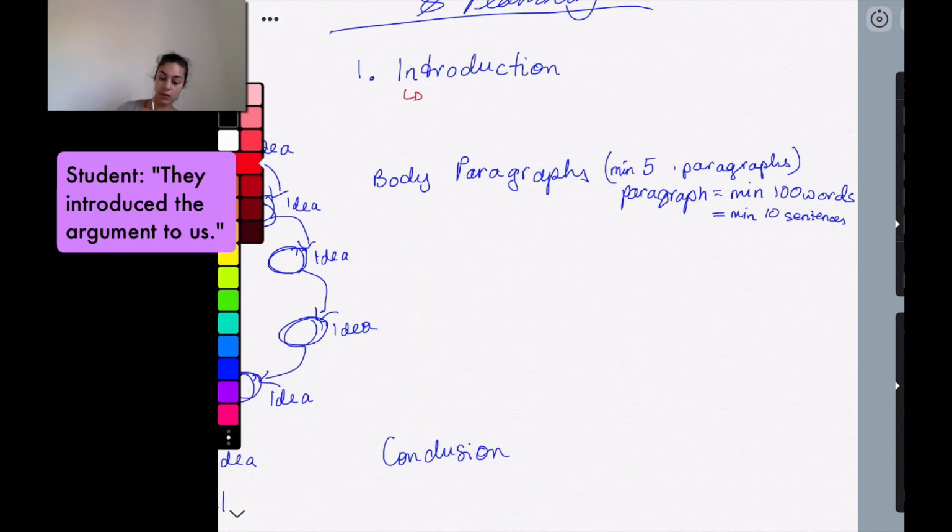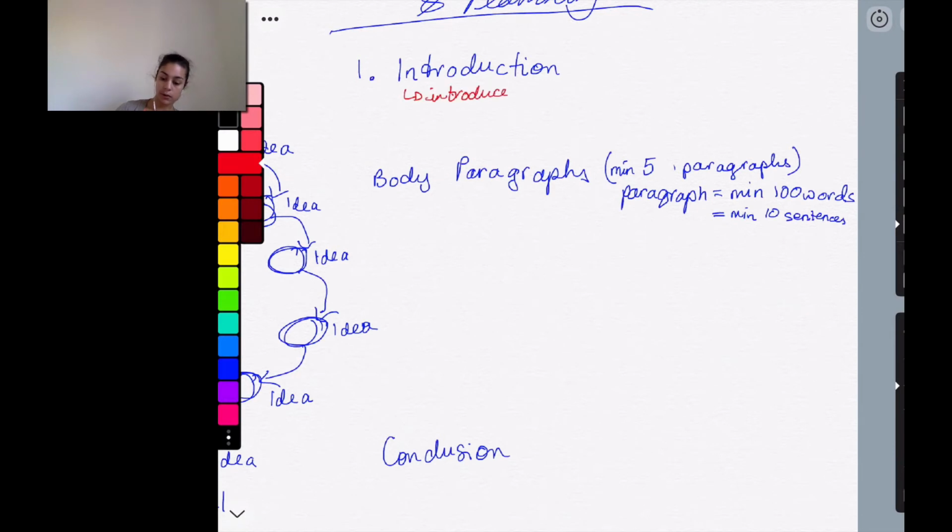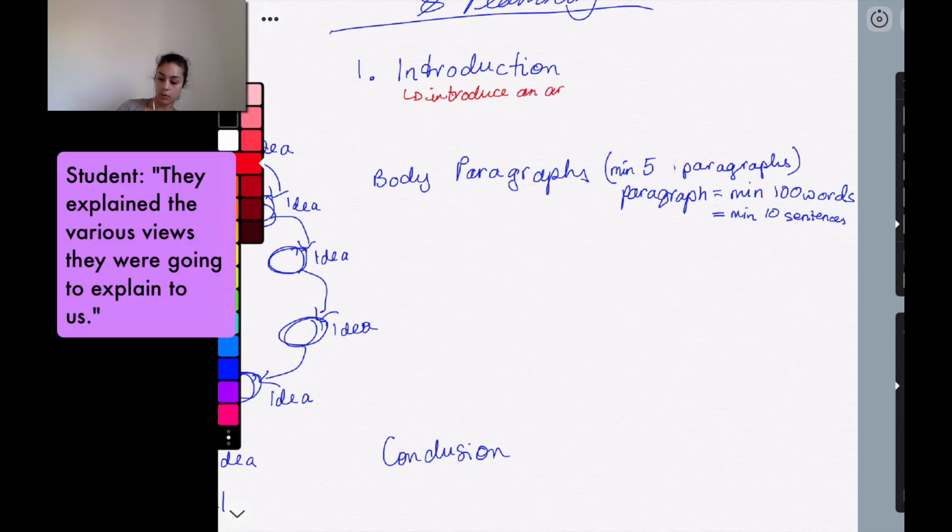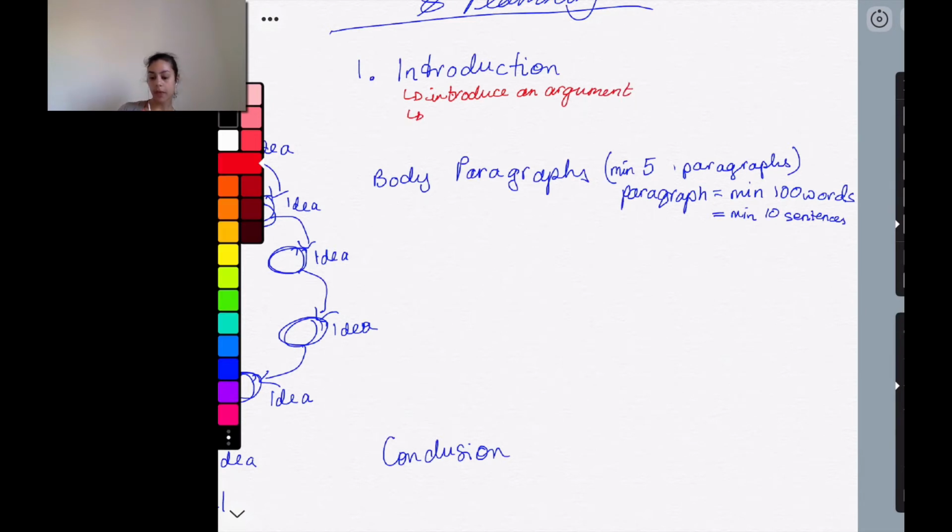They introduced an argument. What else did they do? Yeah, so tell a reader what you will discuss. And what else?